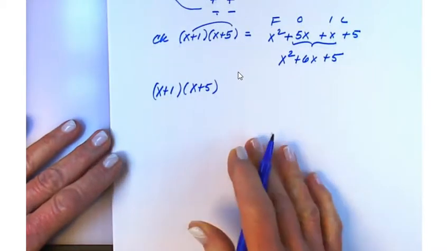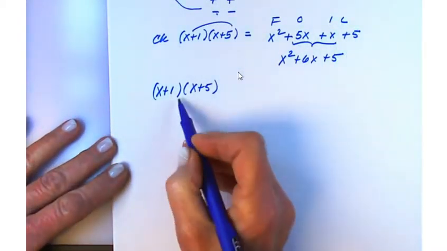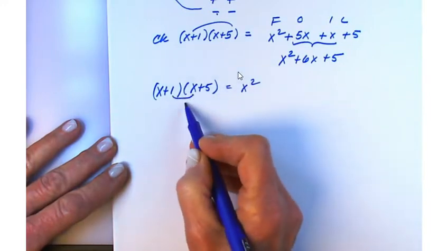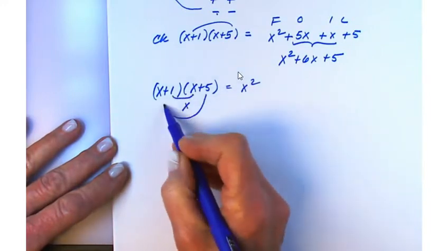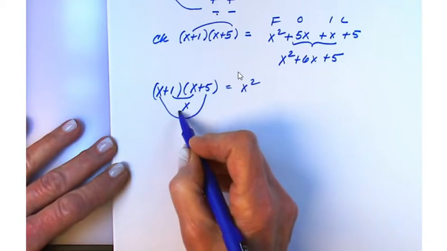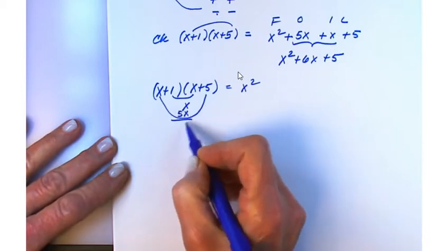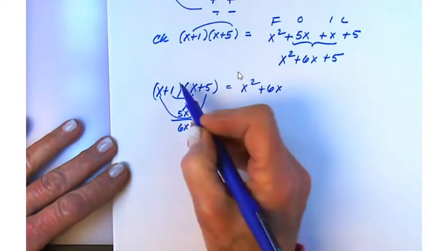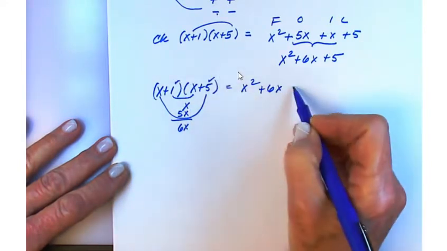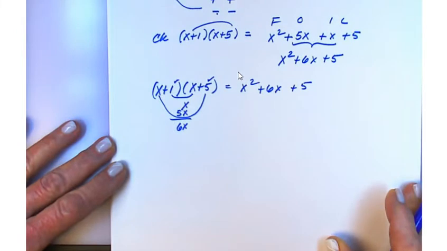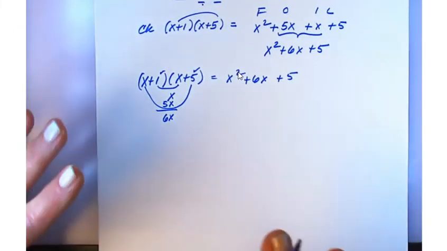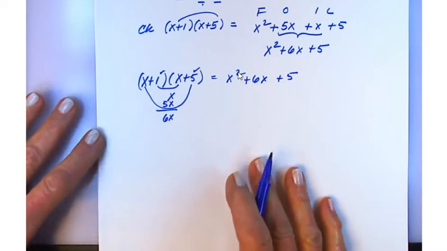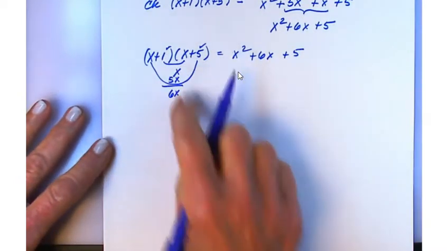If you don't want to write out FOIL, just say x squared and then check your scoops. 1x, that's the inside, 5x is the outside. 5 plus 1 is 6, and then 1 times 5 is 5. You need to do it one way and always do it exactly the same way. I do a lot of checking scoops as well.